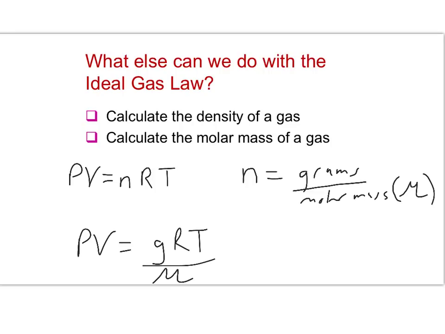So to calculate, do the molar mass formula first. Mu is equal to gRT over PV. Just multiply both sides by mu, then divide by PV, and I get that formula.